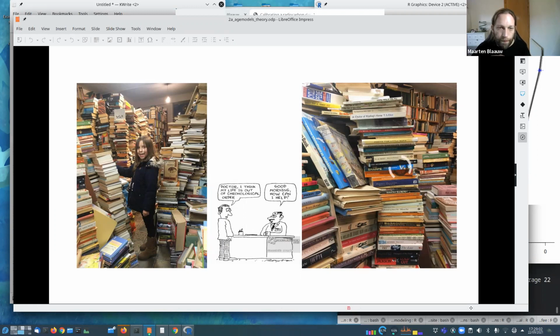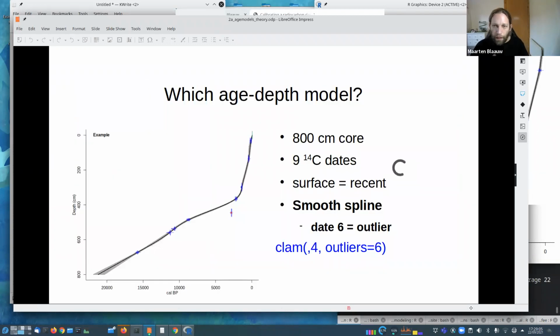So to avoid these age reversals, we can decide again to reject one of the dates. We use the smooth spline, type 4, but add as an additional option that one of our dates is outlying, date number 6 from the top level. Or again, invoke a hiatus instead.